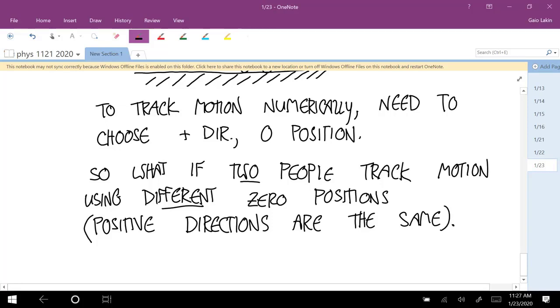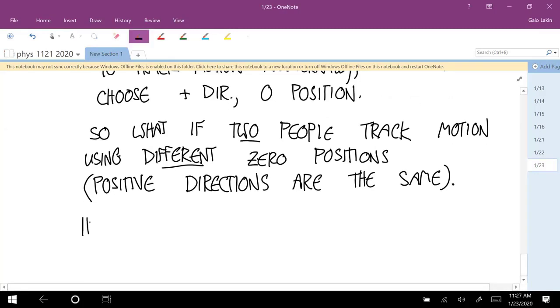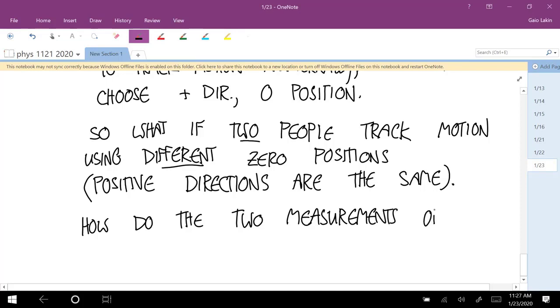So the question is, how do those two measurements of position compare to each other? How do the two measurements of position relate to each other?